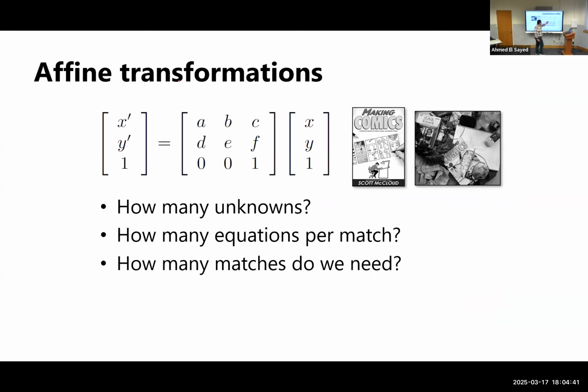So in the affine, I know that this is 1 fixed, this is 0, 0, 1 fixed, and this is 1 fixed. So the only 6 parameters I'm looking for are those. Can I use the same trick? Yes, I can use the same trick.